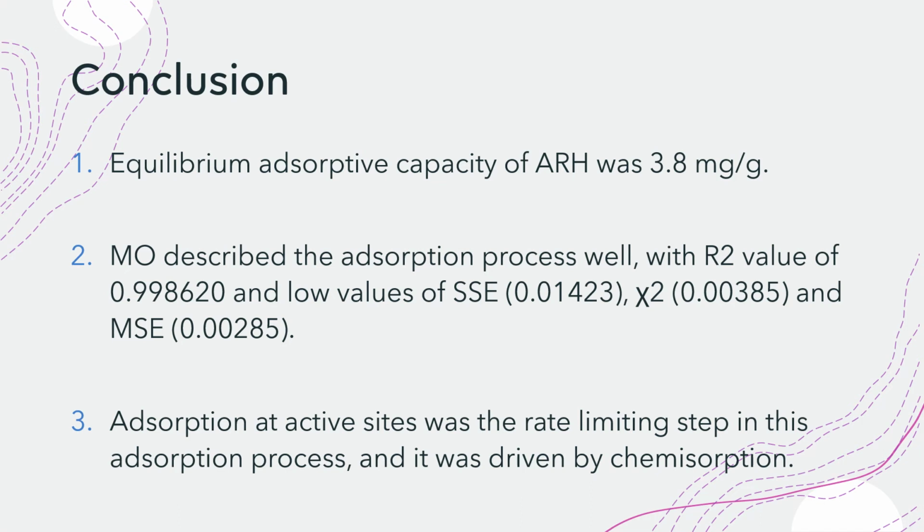Besides, more than 0.99 value with low SSE, MSE and chi-square value were also observed in Elovich and Ritchie model, which confirmed that the absorption at active site was the rate limiting step in this absorption process and it was driven by chemisorption. It is recommended to modify the surface of the absorbent to increase the number of active sites to further enhance the absorption process.